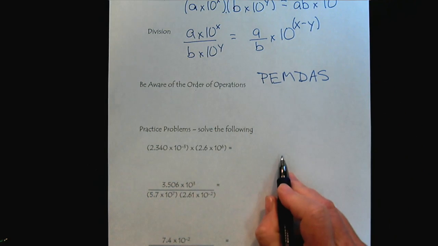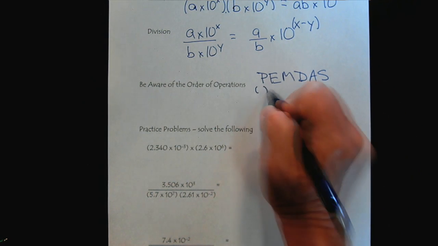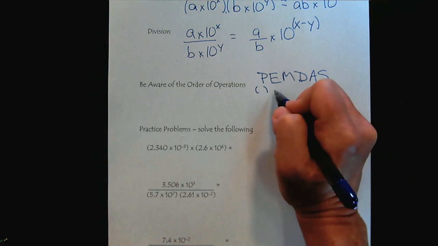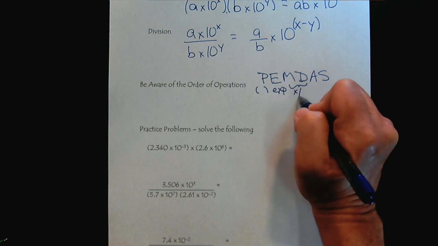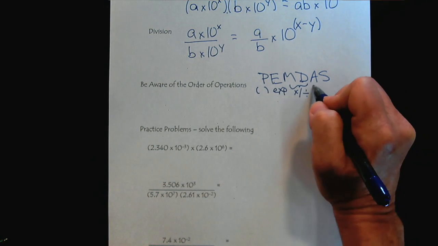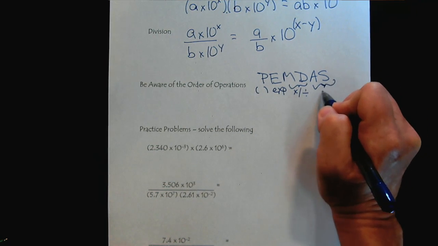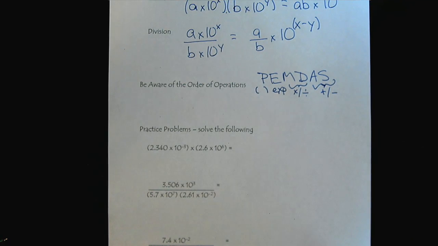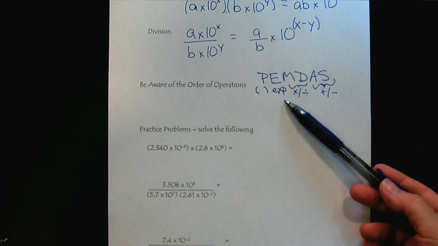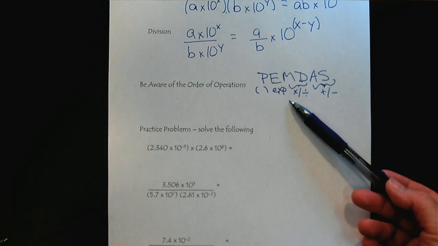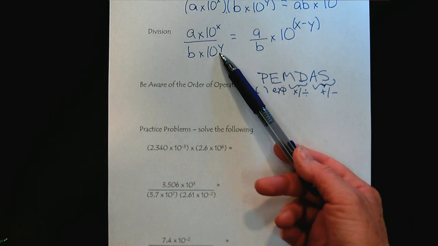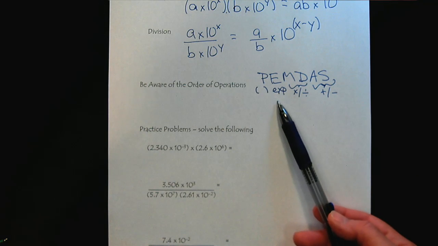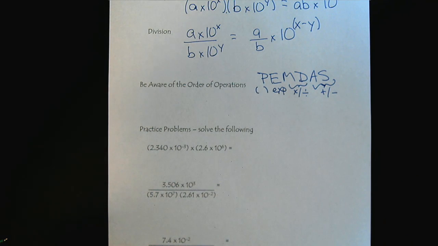Remember that anything in parentheses will be performed first, and then exponents, then multiplication and division, and last but not least, addition and subtraction. And this is why it's so important to use your exponent key when you're entering numbers in scientific notation, because otherwise the order of operations can create a calc error even if you have the correct setup.